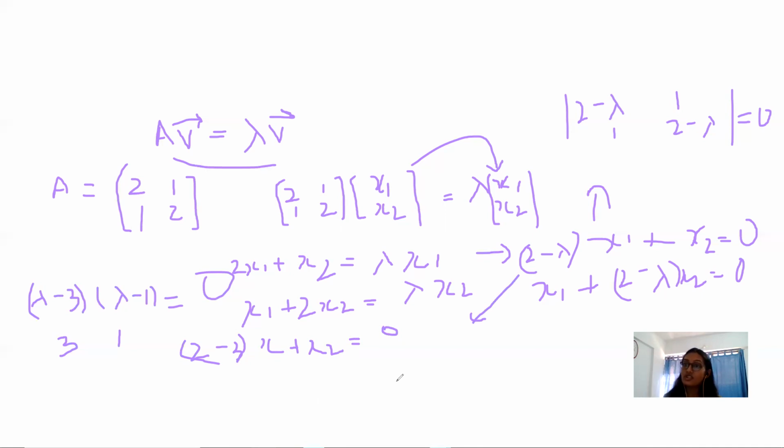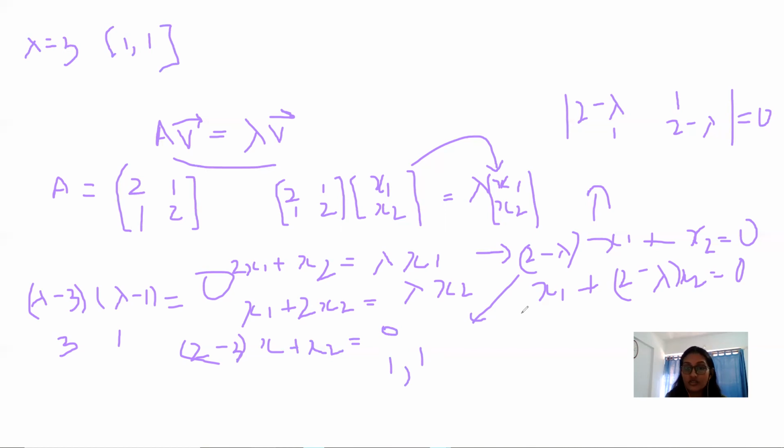The only restriction is that not all the components in the eigenvector can be equal to 0. So if x1 is 1, then x2 is 1, and an eigenvector corresponding to lambda equal to 3 is (1, 1). Let me write that on the top: for lambda equal to 3, our eigenvector is (1, 1).